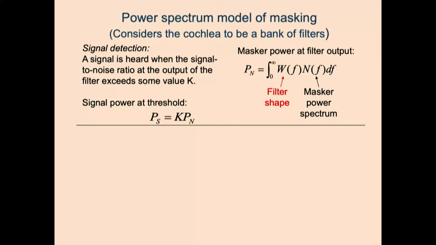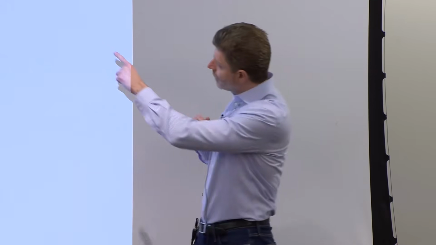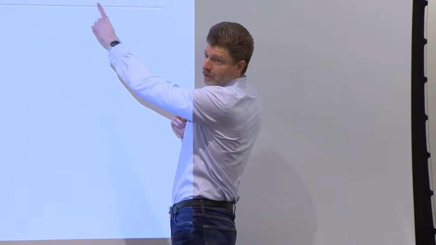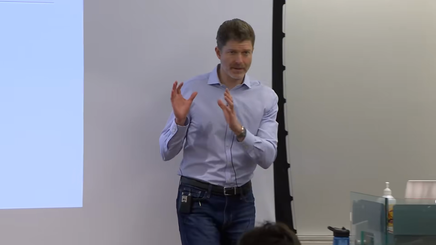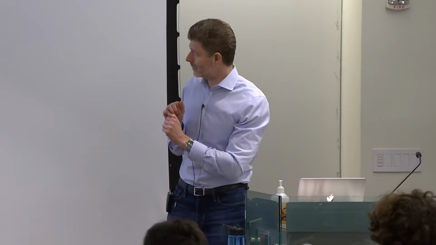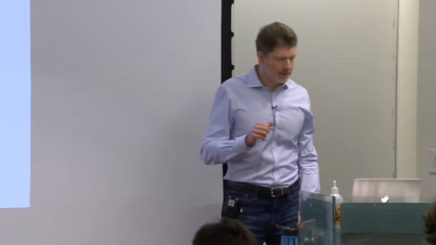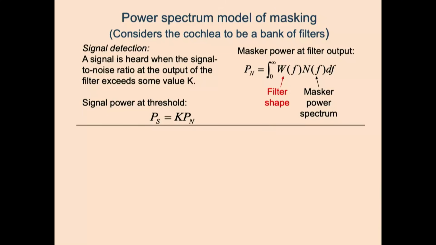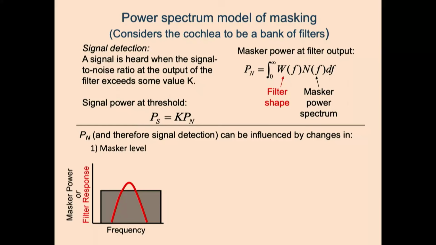This is power as a function of frequency, and the filter has some response as a function of frequency. The power in the noise signal that gets through the filter is given by this integral here. It's essentially the dot product between the spectrum of the noise and the spectrum of the filter. The model posits that your ability to detect the signal will be a function of how much power gets through the filter. Let's look at an example to build up some intuition.